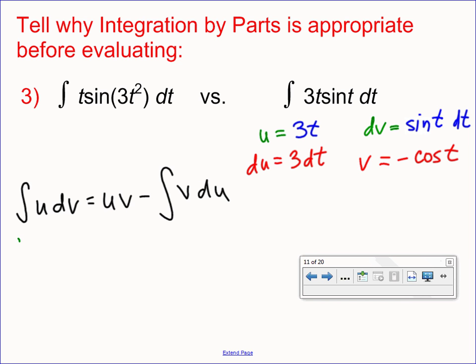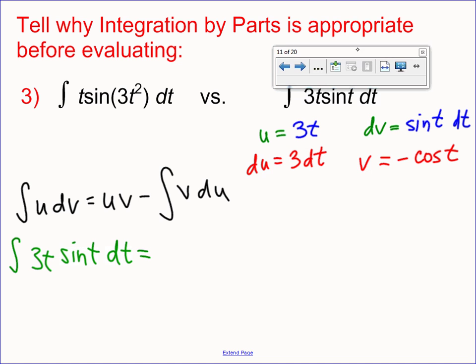So my original u dv is 3t sine t dt. Is that my original? Yep, and it's given by uv, which is going to be negative 3t cosine t.